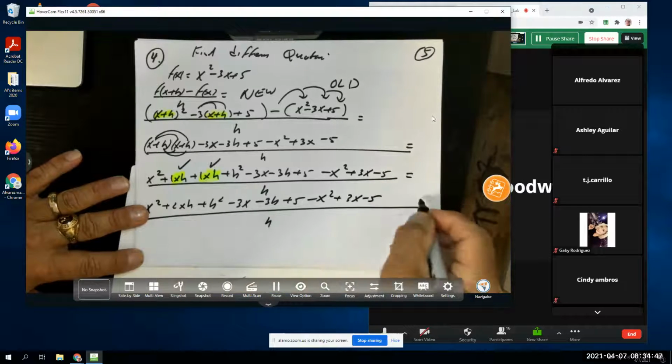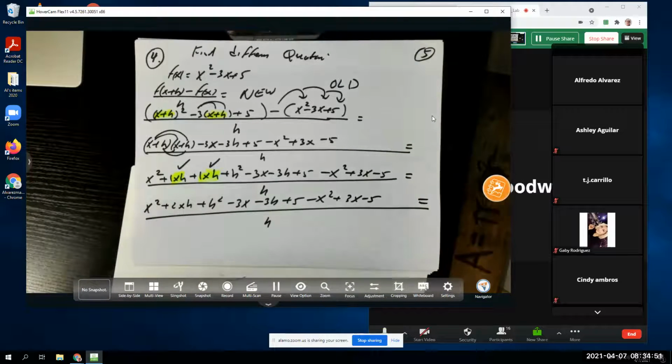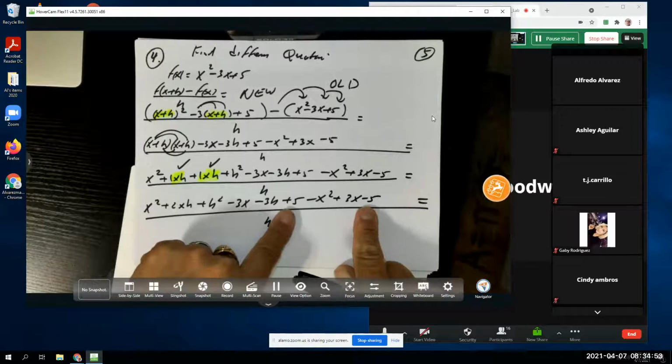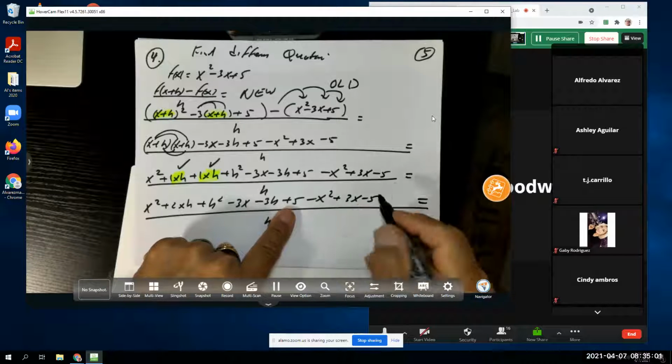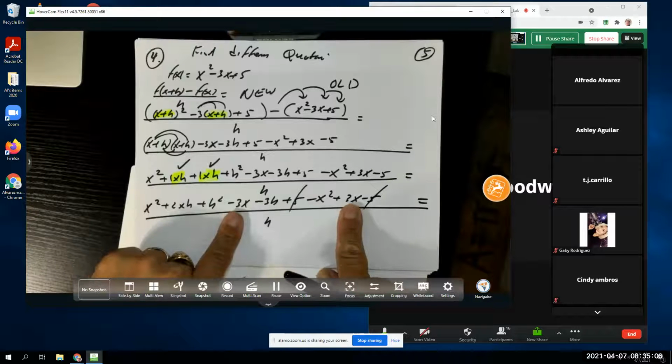So now, always stuff goes away. Do you think the 5 and minus 5 go away? Yes or no? Do they cancel each other out? Yes, they're gone. What about the 3x and the minus 3x? Do you think they cancel each other out?